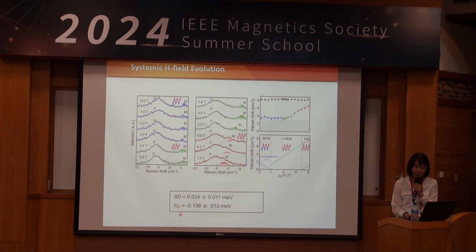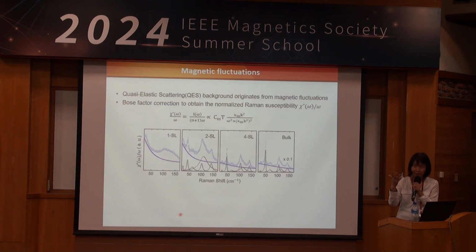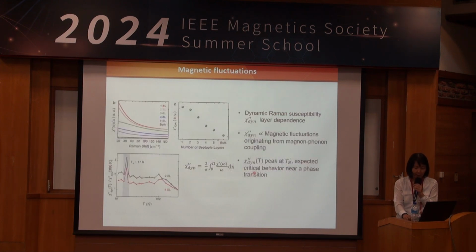This is some exchange parameters. We can also measure the magnetic fluctuations and show that they are enhanced in the thinner layer. This should not surprise anybody. But these magnetic fluctuations also exhibit singularity near the Néel temperature. All of these are somewhat expected, except it's not easy to measure them in these ultra-thin samples.